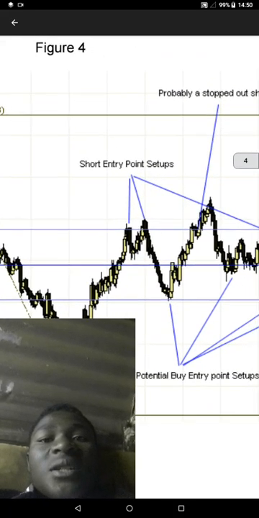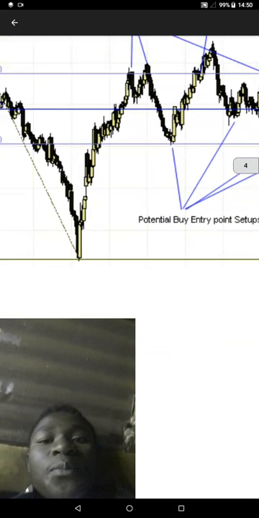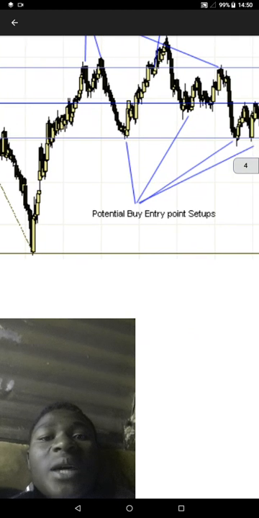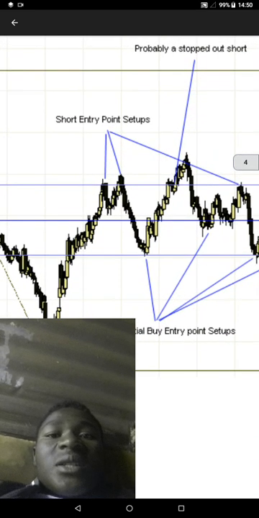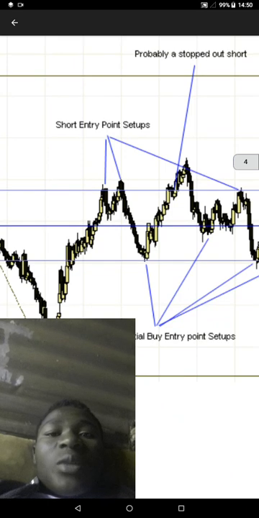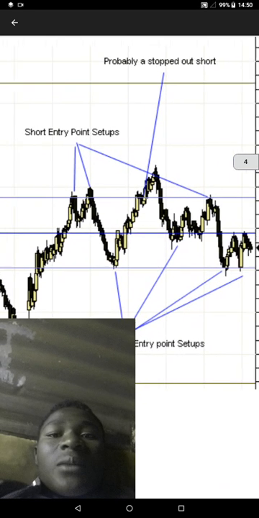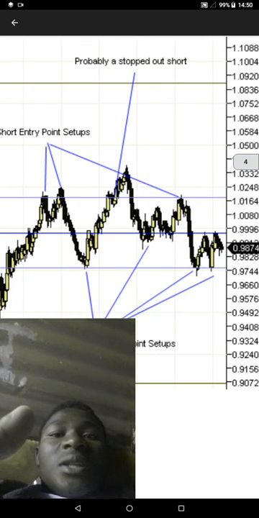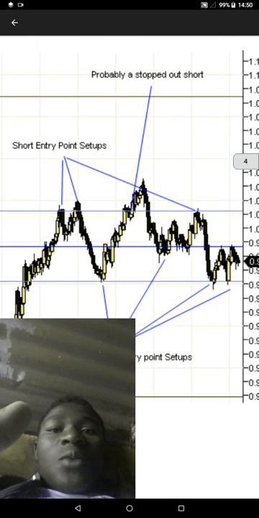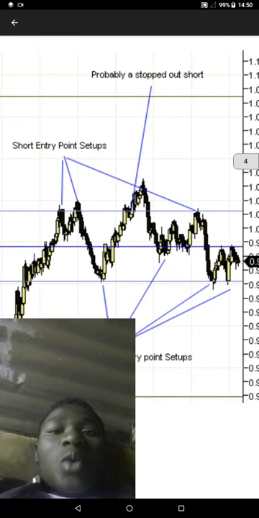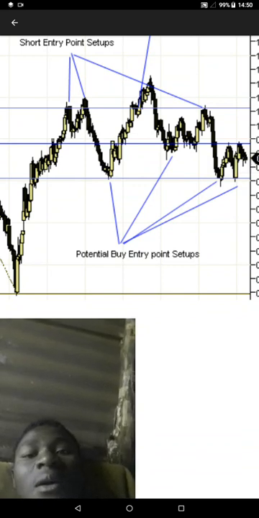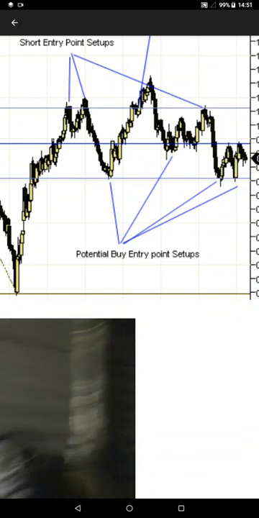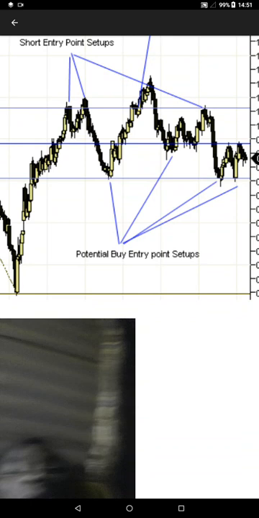A short entry point setup. Then here we have a potential buy entry point setup. As you can see, a short entry point setup, and here a short entry point setup. Then here we have probably a stop out short. Then here we have a potential buy entry. Here 1, 2, 3, 4.